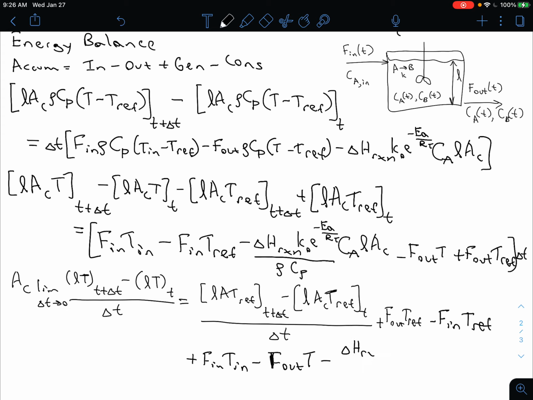Minus delta H reaction k naught e to the minus Ea over RT, A_c over rho Cp, L C_A.